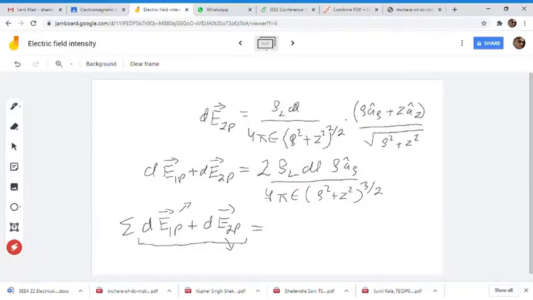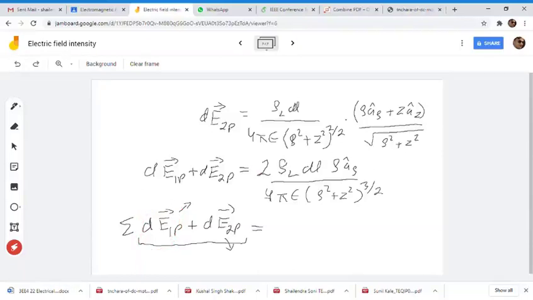Okay, so what we need to do is calculate the electric field due to dE1p. We need to integrate dE1p and make it twice.